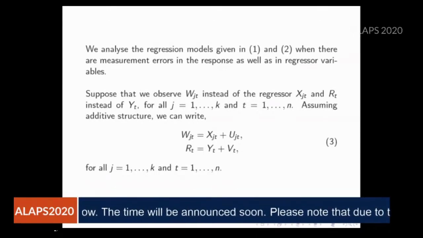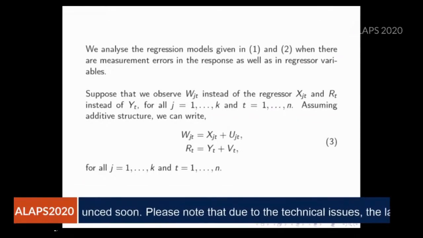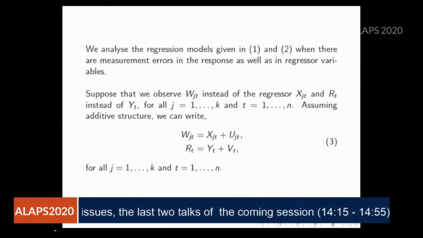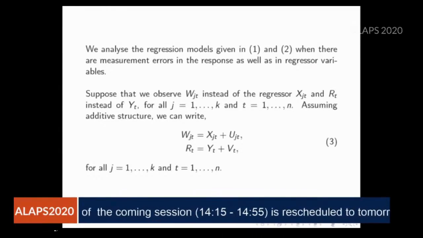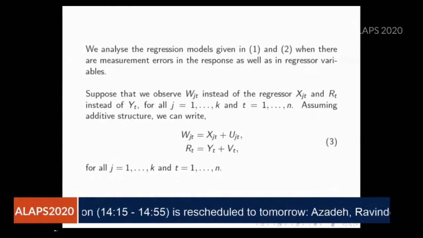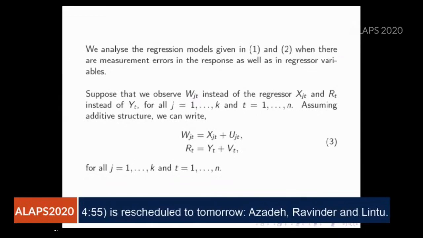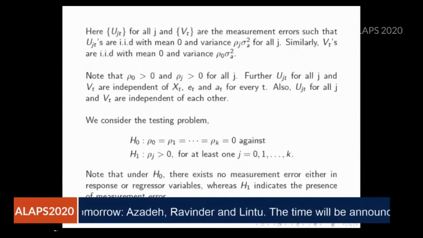So we are observing w_jt instead of the regressor x_jt, and we are observing surrogate r_t instead of the true response variable y_t, for all j = 1 to k and t = 1 to n. Assuming the additive structure, we can write the forms of w_jt and r_t as equation 3 for all j = 1 to k and t = 1 to n.